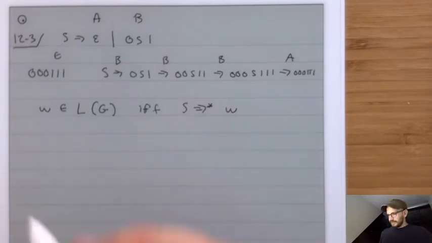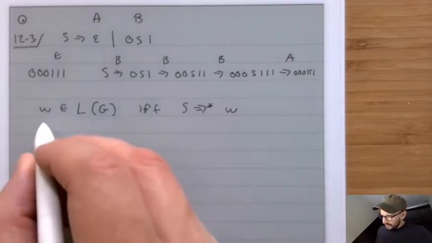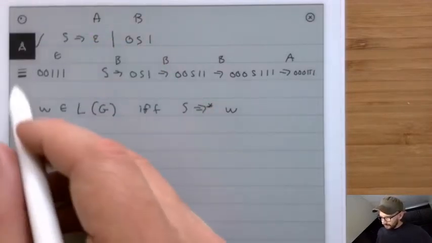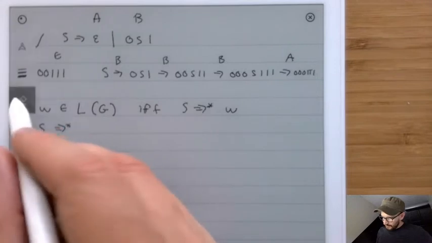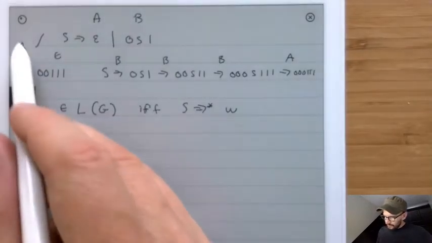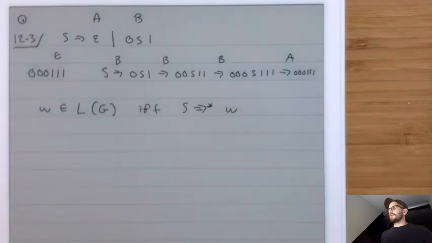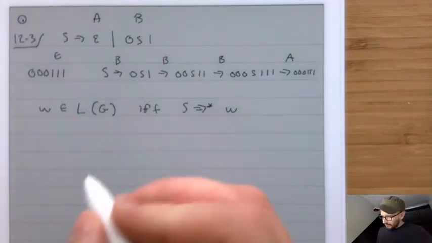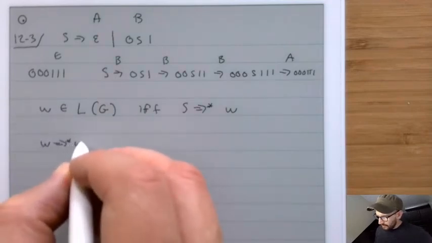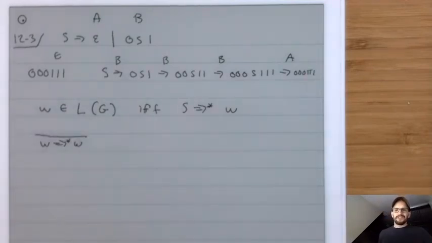Now what does derive star mean? There are two main rules for derive star. We'll say that W derives star W with no conditions. This is basically the reflexive rule.